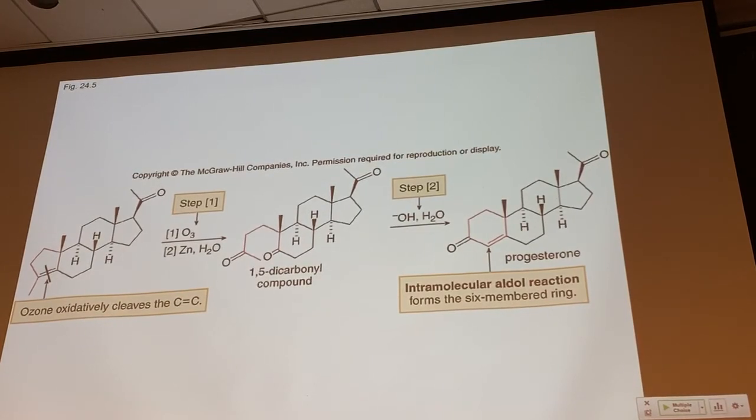There's another thing you might notice here. This is a chiral ketone. We have a stereocenter here. What happens when we treat chiral ketones with alpha stereocenters with base? We learned that in chapter 23. They racemize. So if we make the enolate here, we've destroyed the stereocenter.